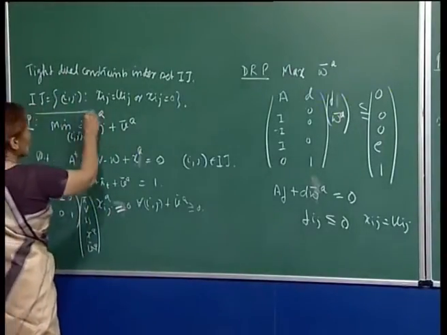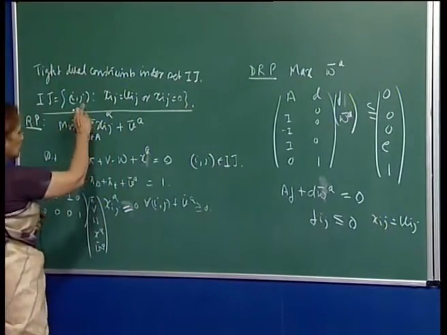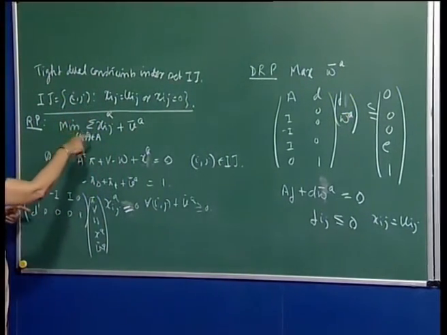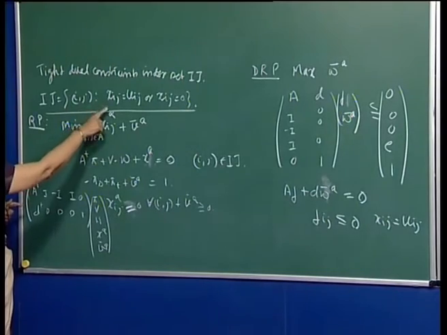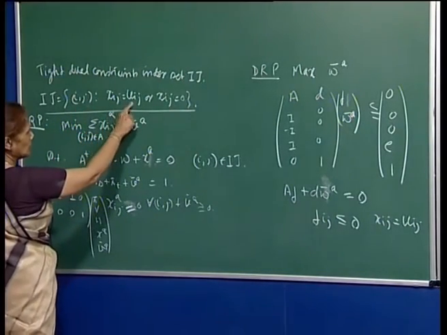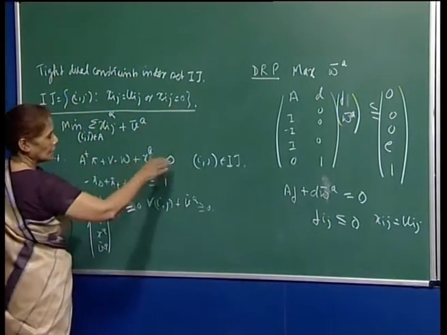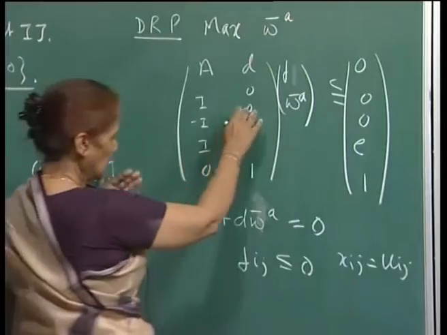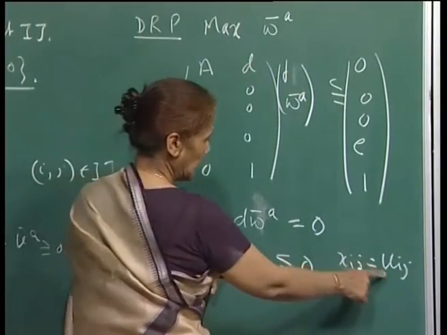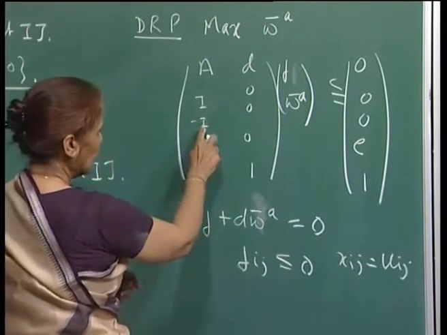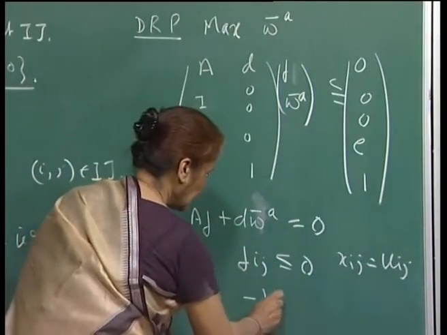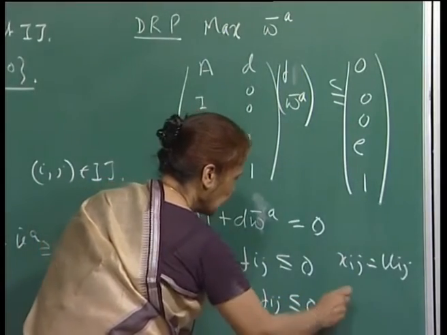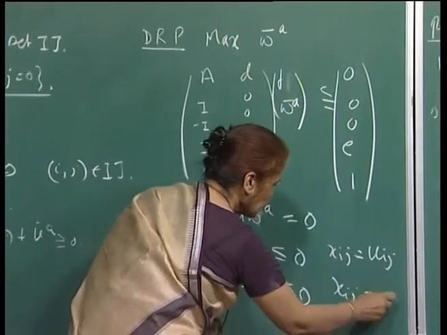Here the columns you are considering are those for which Xij is Uij or Xij is 0. In the dual it will become the row, and so you are considering only those Fij's for which Xij is Uij, and the second set is minus Fij less than or equal to 0 when Xij is 0.